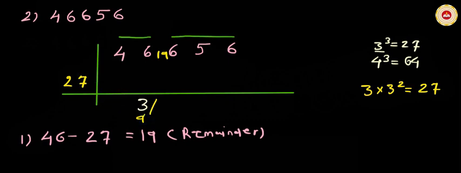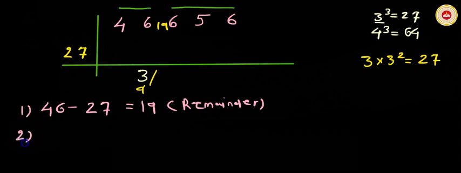Now the second step. What is the second step? Divide 196 by the divisor 27, which gives us the quotient. How much? See, let us divide 196 by 27.